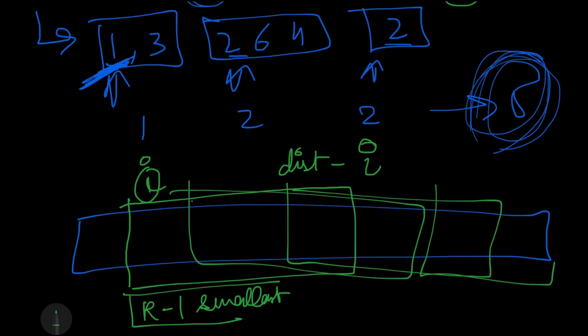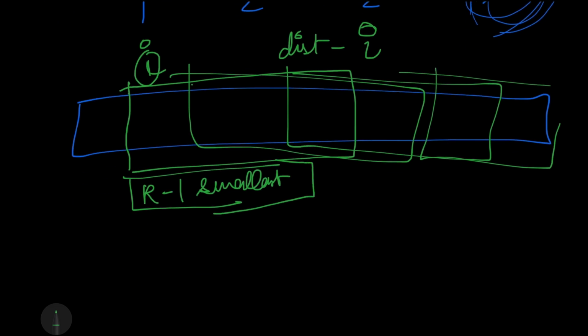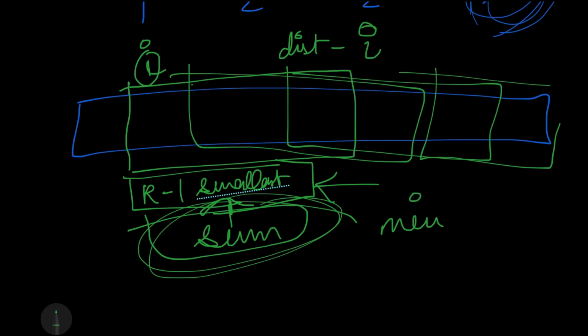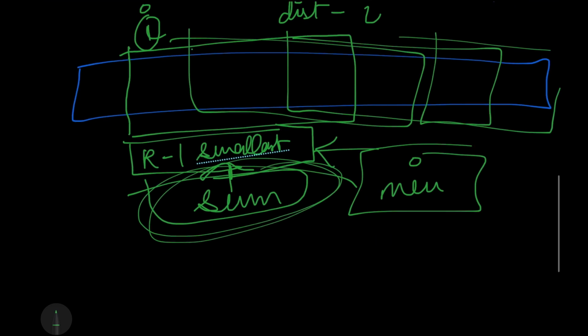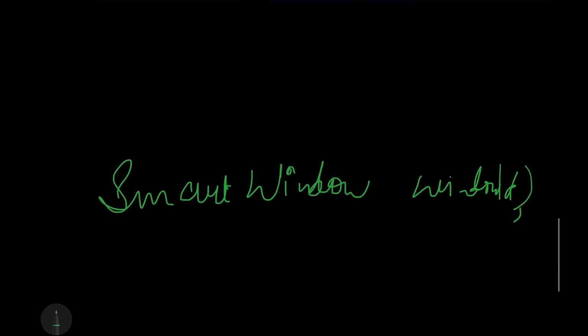Then we'll move this window one at a time, and in each window we'll find these k minus 1 smallest elements. And in whichever window this sum of k minus 1 smallest elements is minimum, we'll go with that window and include the first index in our answer, and that would be our final answer.